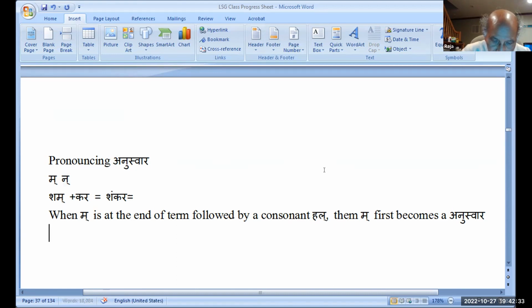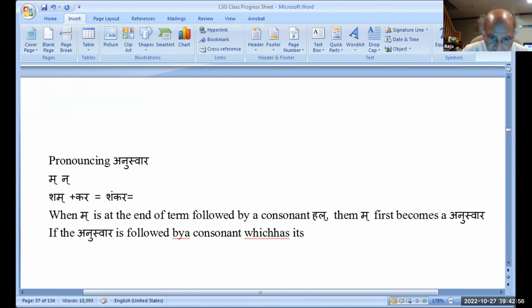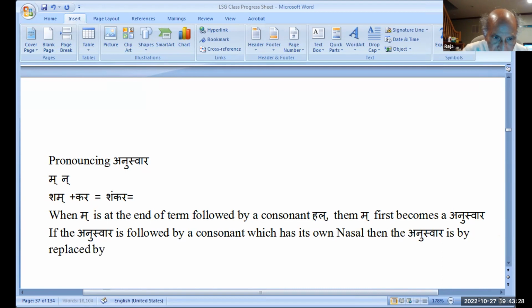If the Anuswara is followed by a consonant which has its own nasal, then the Anuswara is replaced by the nasal of the consonant.